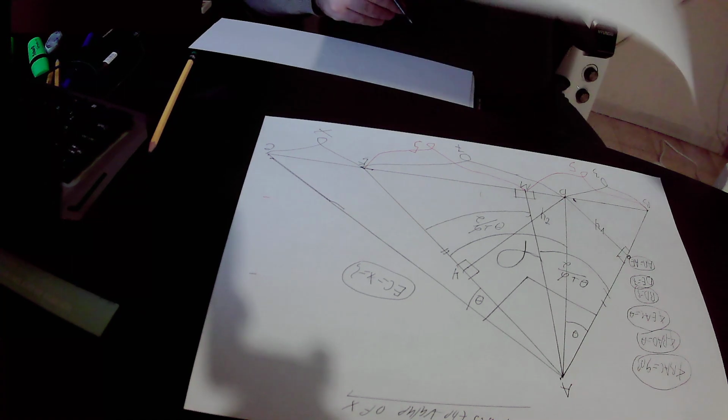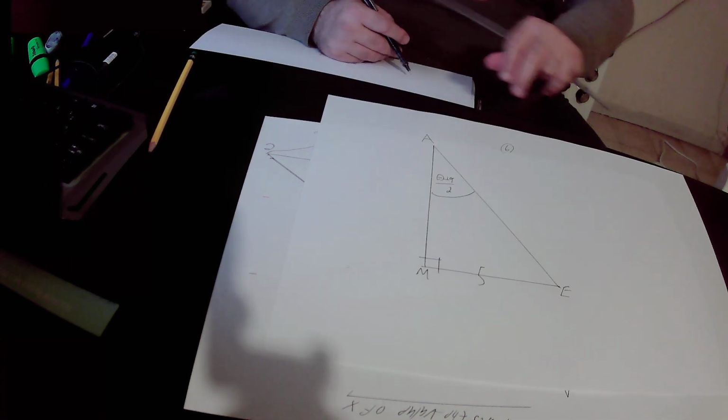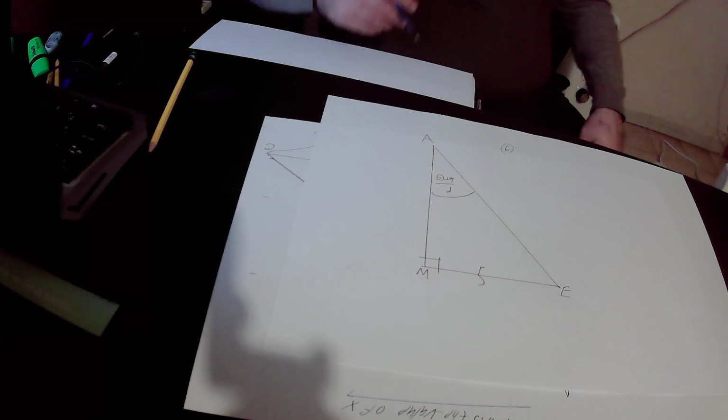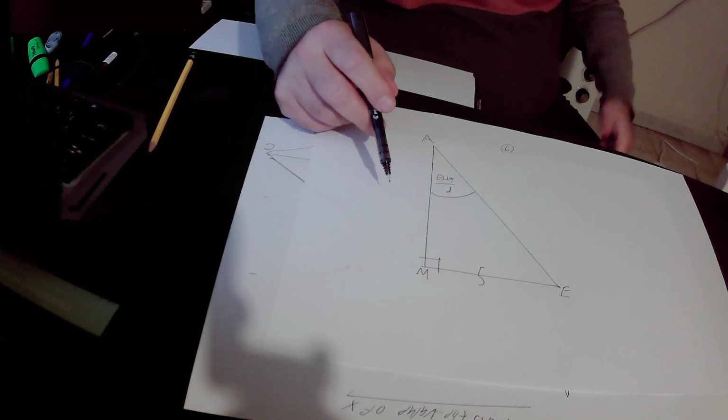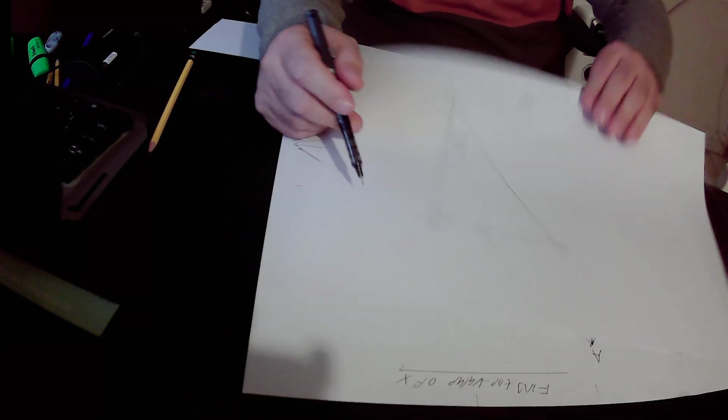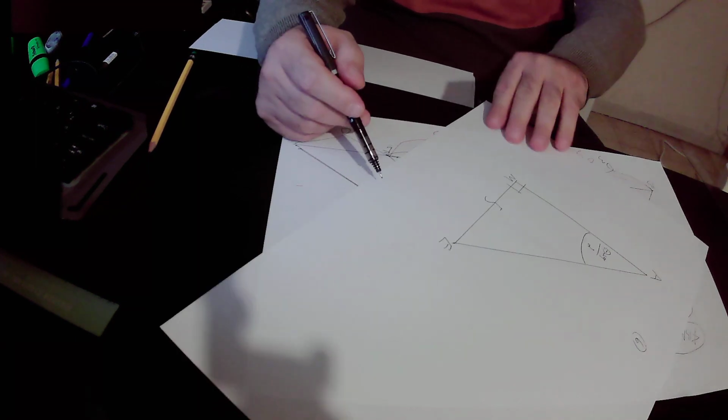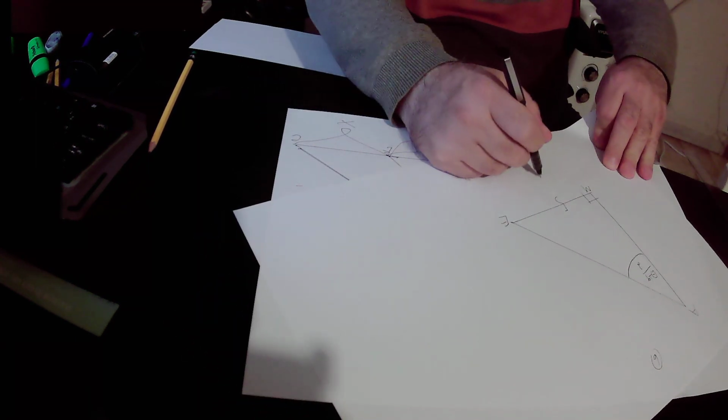So this is the right triangle MAE. We will define side AM as H. So here AM is equal to H according to our definition.